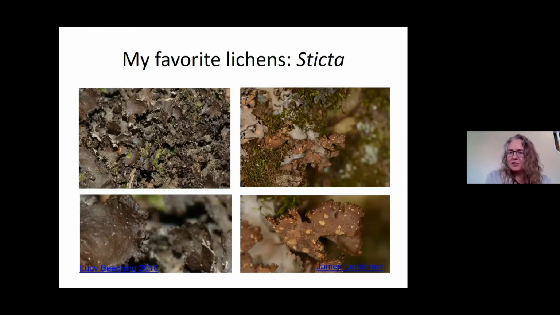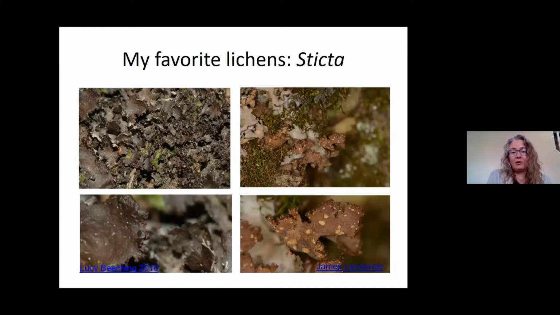So since I'm the one who discovered these in the first place, I got to name them. I named the one on the left Sticta carolinensis after the Carolinas where I collected them. And then I named the one on the right Sticta fragilinata. So fragilinata means it has the chemical fragilin, which is the thing that makes it orange.